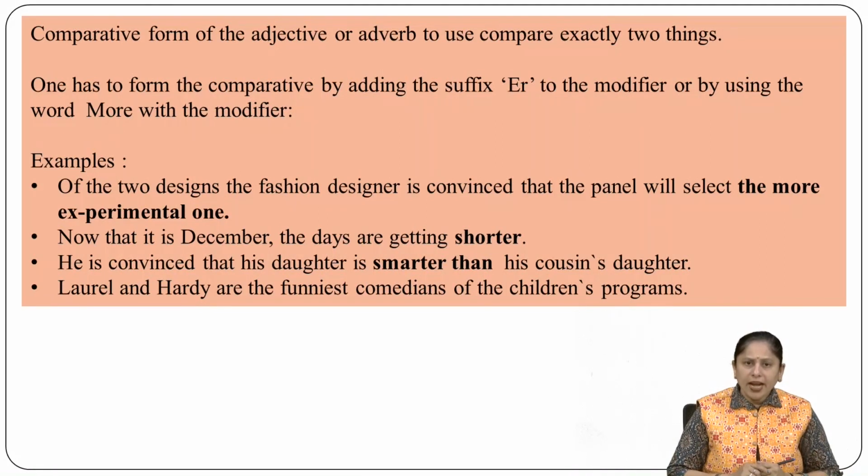The comparative form of the adjective or adverb is used to compare exactly two things. One has to form the comparative by adding the suffix "er" to the modifier or by using the word "more" with the modifier.